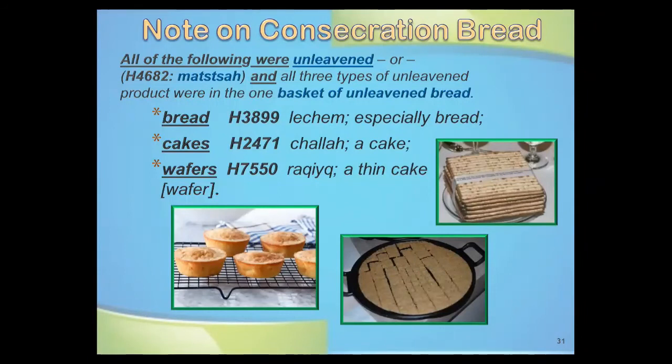All of the following were unleavened, or they were matzah, and all 3 types of unleavened product were in 1 basket, and it was called a basket of unleavened bread. In fact, no leavened bread went in that basket ever. And we know that bread was lechem, especially bread, cakes that were called challah, and wafers that are rikik. It was a thin cake or a wafer.